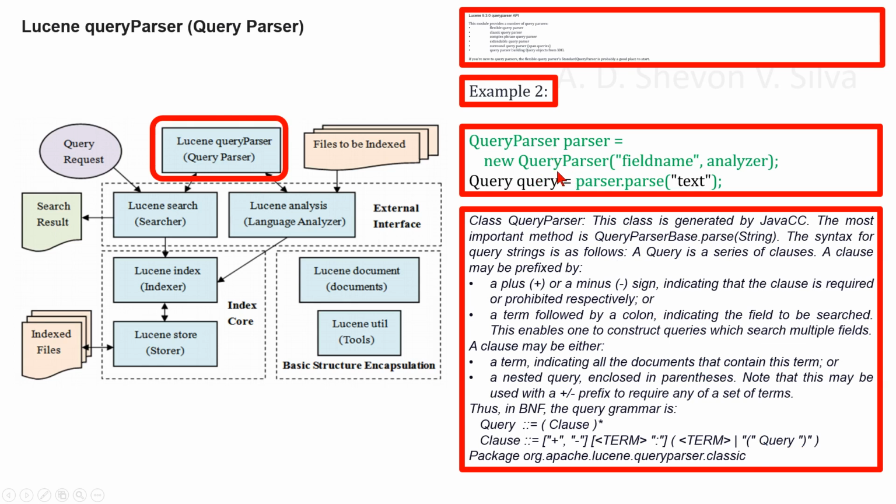Here in this constructor, this creates a query parser, and this is string f, the default field for query terms, and this is the analyzer used to find terms in the query text. In this parse method, this parses a query string and returns a query. The parameter is string query here, the query string to be parsed.